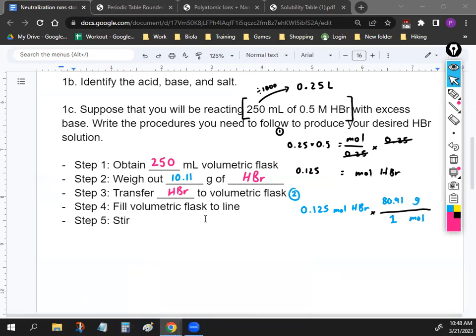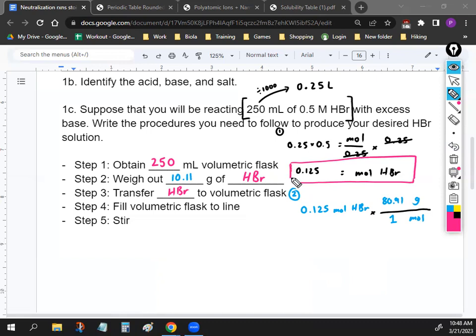Now, one thing before we move on is I want you guys to put a box around this number right here somewhere on your notes. Okay, 0.125 moles of HBr. And the reason why is because for part D, the stoichiometry, this is the first step, but we already did it. So you can actually just jump straight into the stoichiometry. You don't need to redo step 1.